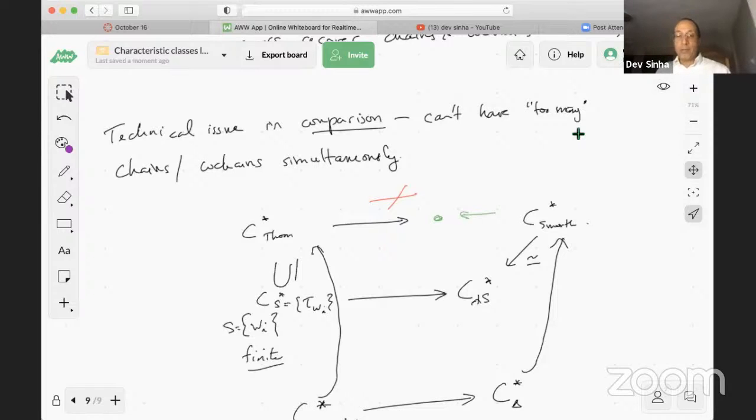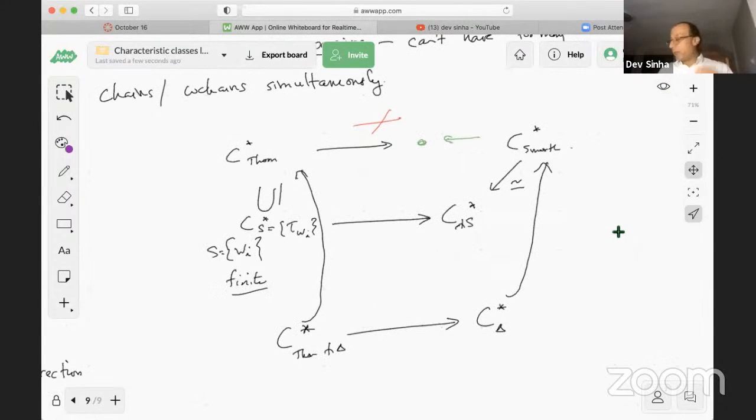And then there's a map this way, which is good for comparison. So you can't take all singular tome cochains and all smooth cochains and compare them readily. You only get comparison maps if you either only consider a finite number of tome cochains, in which case you can cut down your chains on which you evaluate but still have a quasi-isomorphic theory, or if you're willing to have a simplicial complex structure, then you also get a comparison here.